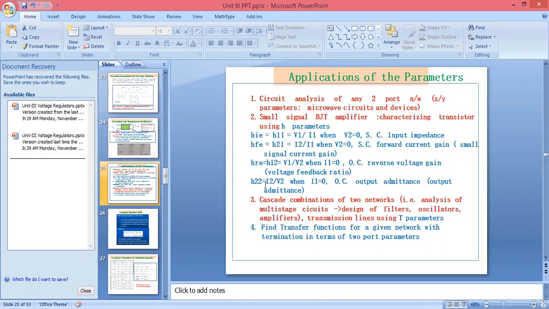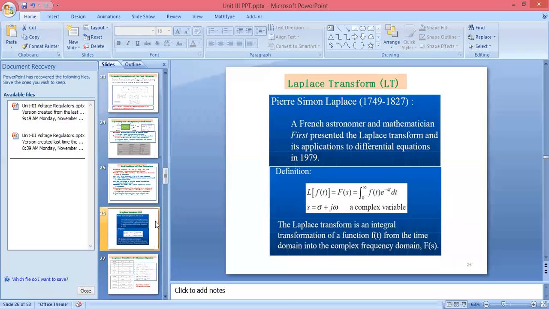Now we are supposed to study the Laplace transform. A French astronomer and mathematician first presented the Laplace transform, and his name is Pierre Simon Laplace. He derived these equations of the Laplace transform in 1979.